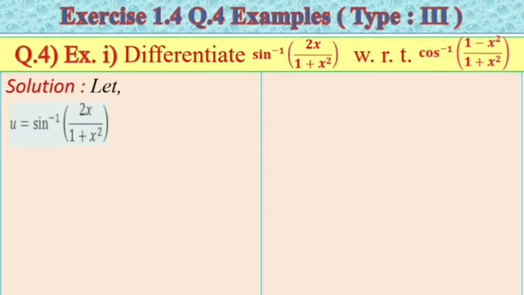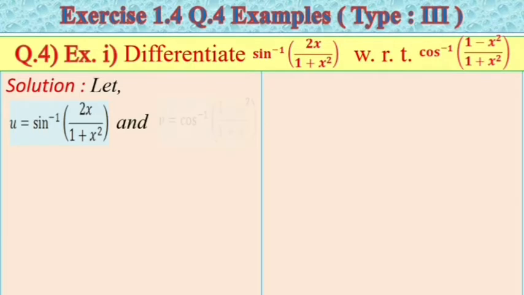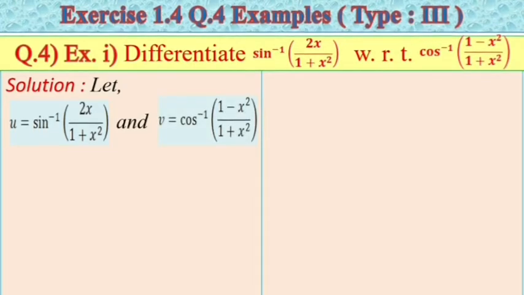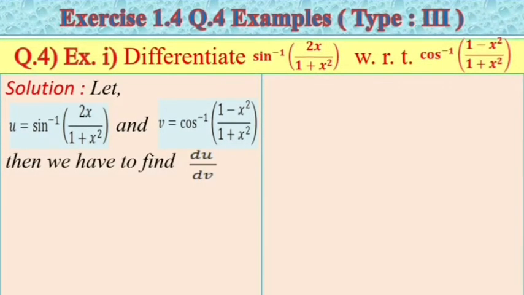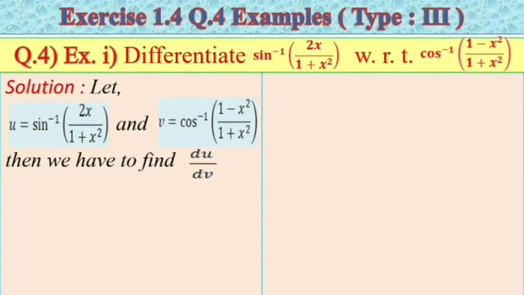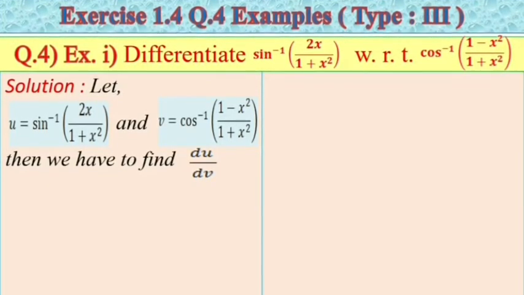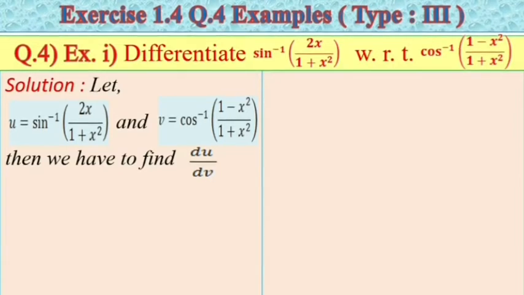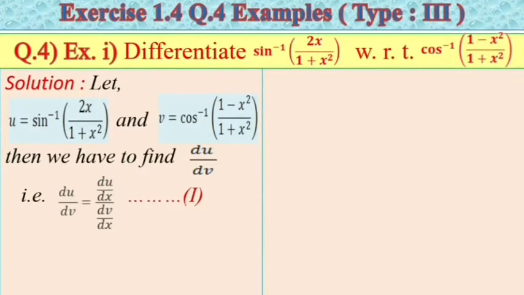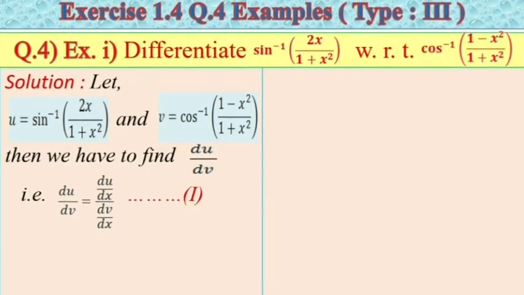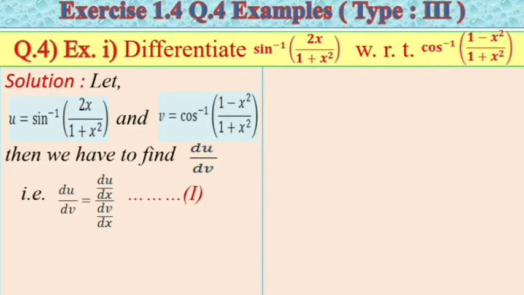Let us consider u equal to sine inverse of 2x upon 1 plus x square and v equal to cos inverse of the bracket 1 minus x square upon 1 plus x square. Then we have to find du by dv, that is, the first function u with respect to v. Now we know, by the formulas of the derivatives of parametric functions, the same formula has to be applied here, that is du by dv equal to du by dx divided by dv by dx.